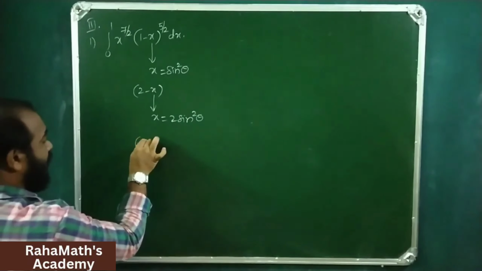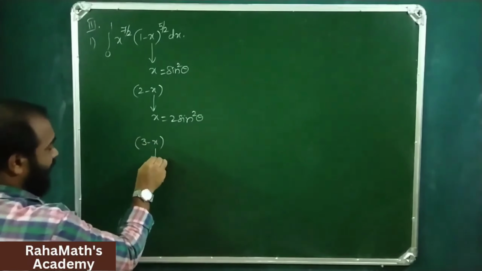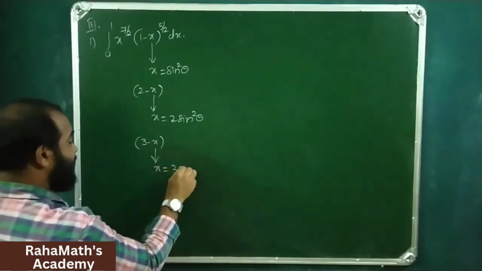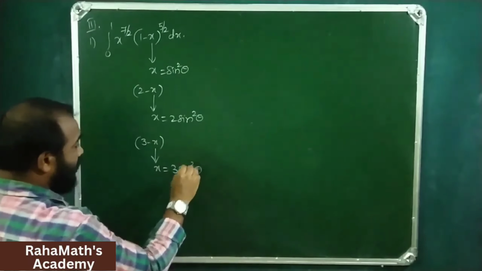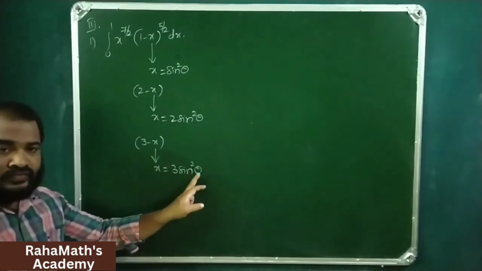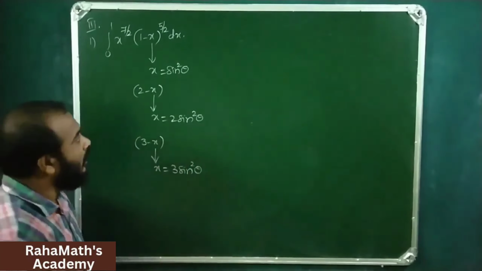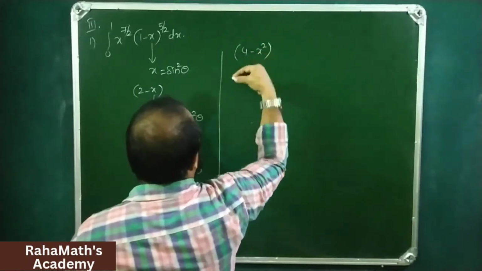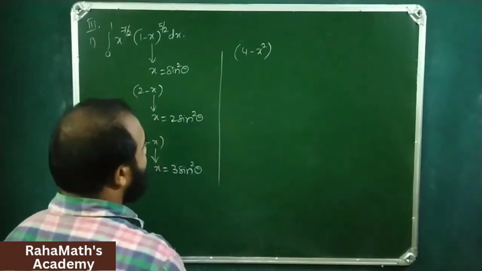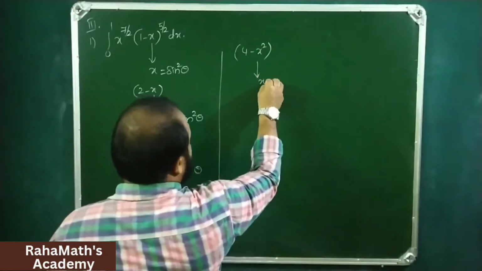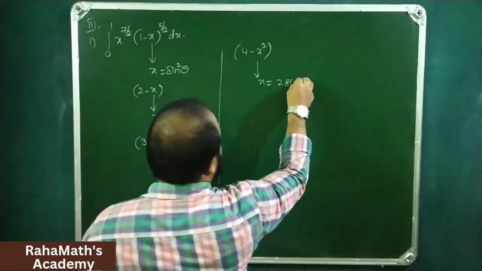If it is 3 minus x, x is taken to be 3 sin square theta. So x is sin square theta, we have to take. And if 4 minus x square is there, then here x is equal to 2 sine theta.